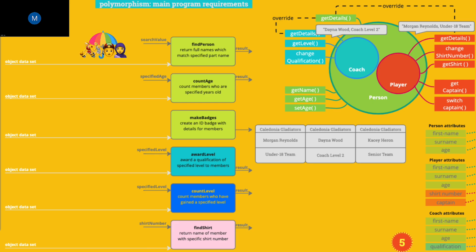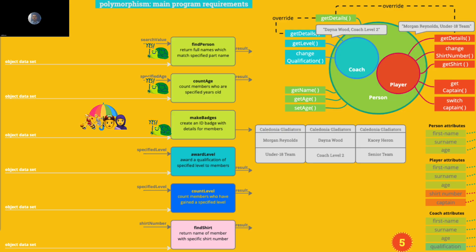Now, if we bring the person group, signified by the rainbow umbrella, I drag these up to find person. Now we're going to think about presenting this set of player and coach objects where they're behaving like persons. And remember, this is signified by the rainbow umbrella. So as before, the processes for find person, count age, and make badges are all grand.